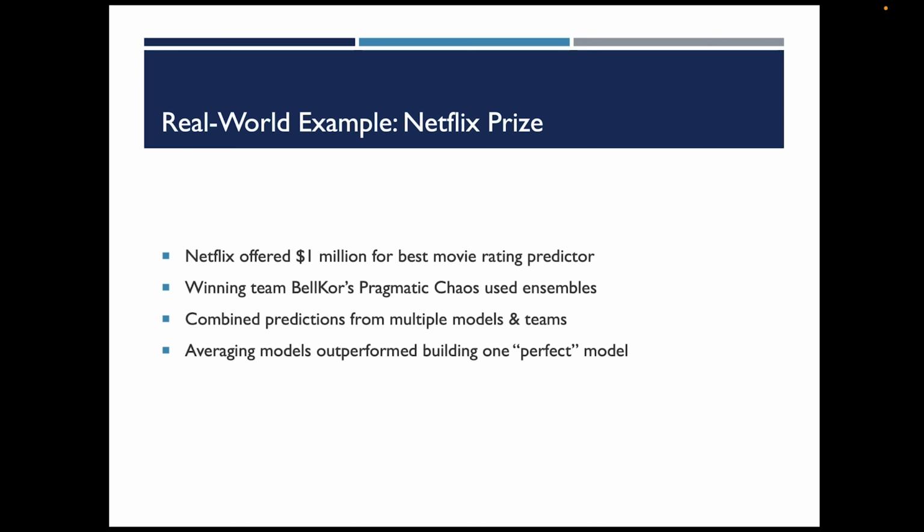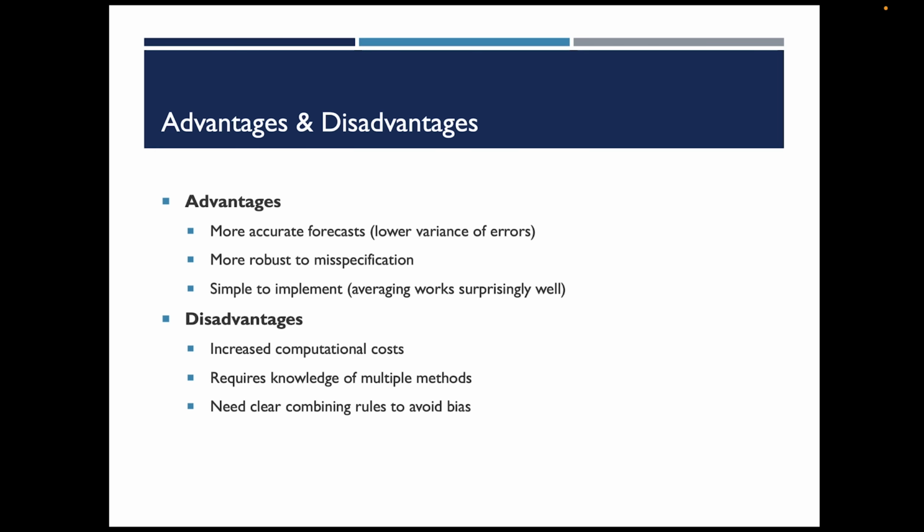Even models with worse individual performance added value when averaged with others. So combining forecasts improved accuracy more than trying to tweak one model forever. Some people try to build one perfect model and tweak it forever. It's still working, but it's not as strong as when you build multiple models and average them, because multiple models capture different structures, so when you average them you're capturing different things.